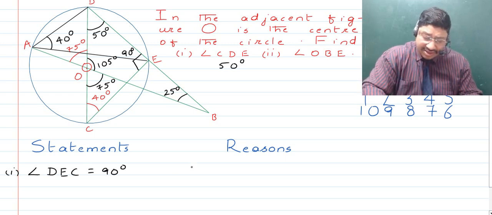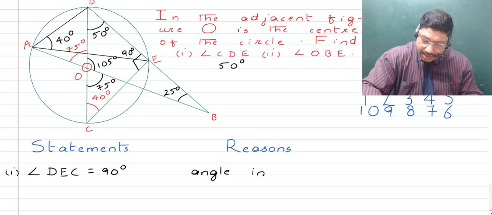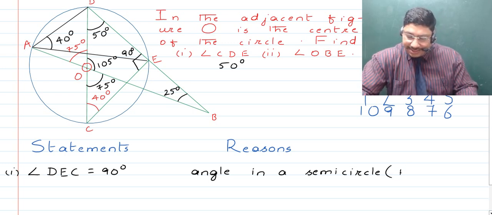Right? And the reason here you're going to write is angle in a semicircle. And in bracket you will say that DC is a diameter.